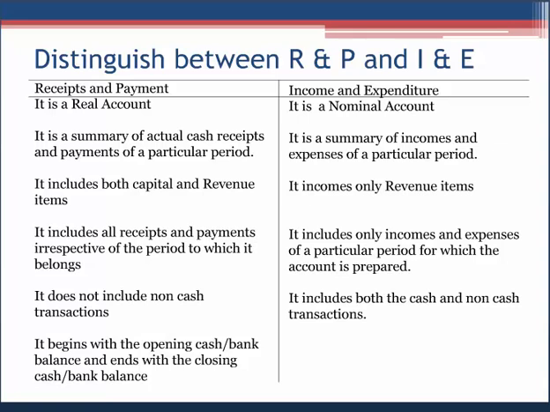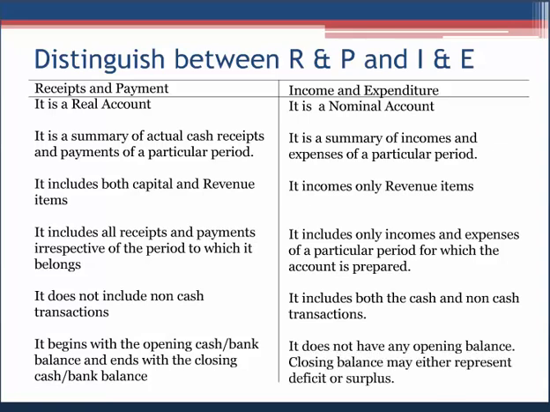Receipts and payments starts with the opening balance of cash and bank and it ends with the closing balance of cash and bank. And it should tally. However, there will be no opening balance of income and expenditure, but the closing balance will represent either a deficit or a surplus. Now, deficit, as I told you in the last slide, is when the expenses are greater than income.